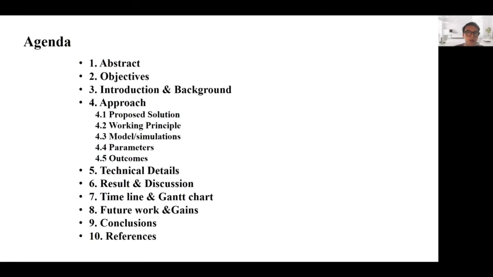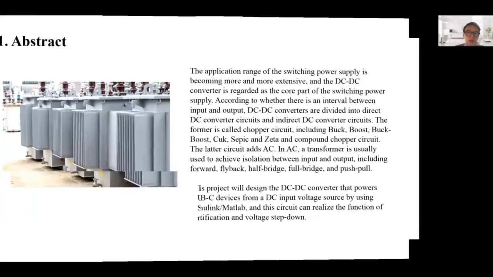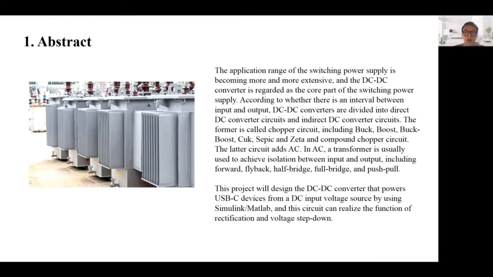This is our agenda. As for abstract, the application range of the switching power supply is becoming more and more extensive, and the DC-DC converter is regarded as the core part of the switching power supply. According to whether there is an interval between input and output, DC-DC converters are divided into direct DC converter circuits and indirect DC converter circuits.